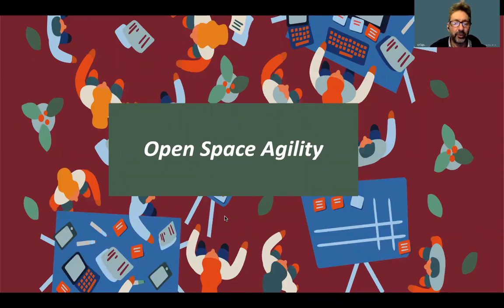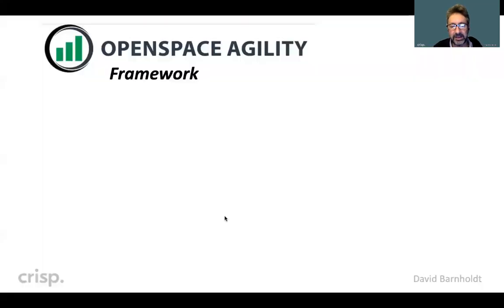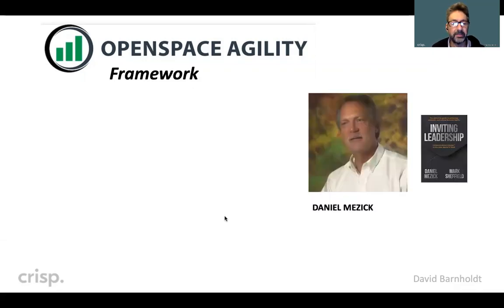So welcome to my reflections on the open space agility framework. This is a framework that was created by a guy named Daniel Mezick. I hope I pronounce his name right. He is author of a number of books, among them one especially called Inviting Leadership, that is written together with Mark Sheffield.